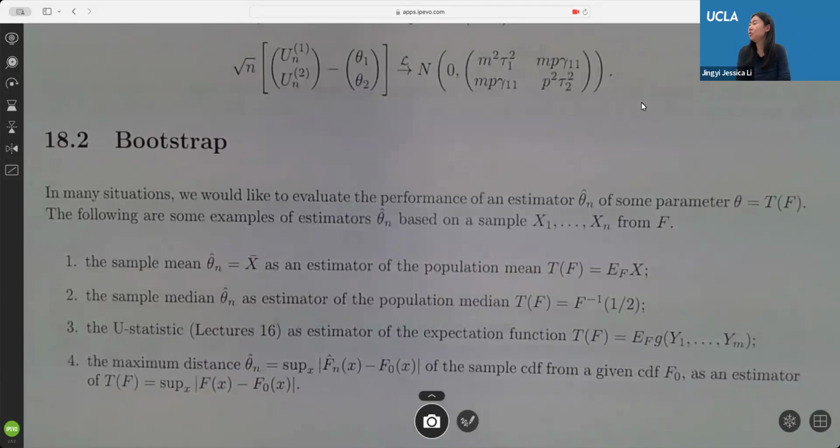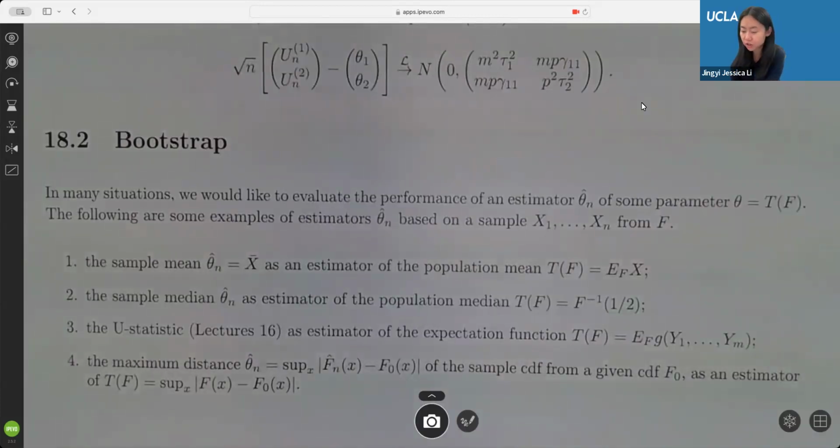V statistic and U statistic are both estimators, right? Bootstrap is not about finding an estimator, but about quantifying the uncertainty, or getting the distribution, the bias, mean and variance of an estimator. Let's put it that way. So this is bootstrap's purpose: you already have an estimator, and you want to evaluate it.